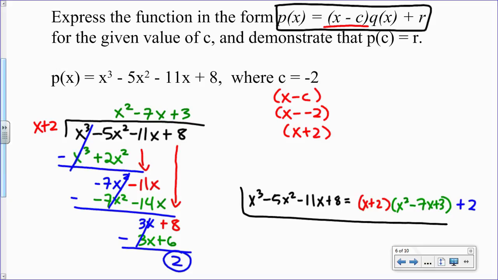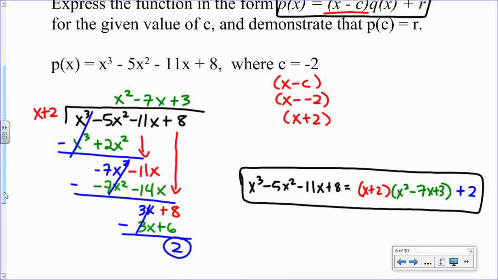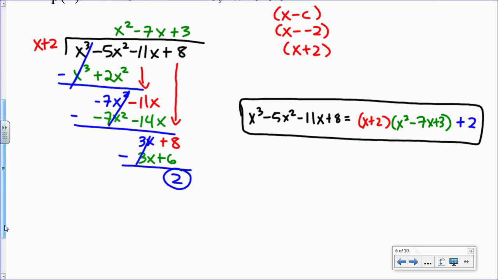Okay, so now we're going to talk about what the remainder theorem says. The remainder theorem says that p of c equals r. So when I plug c into p of x, I should get r.